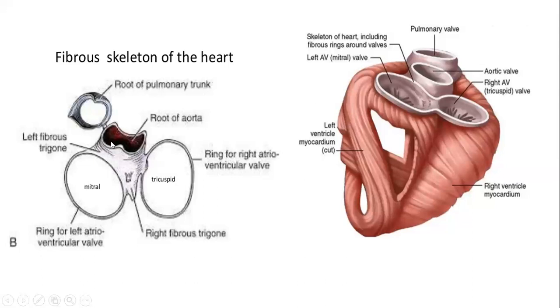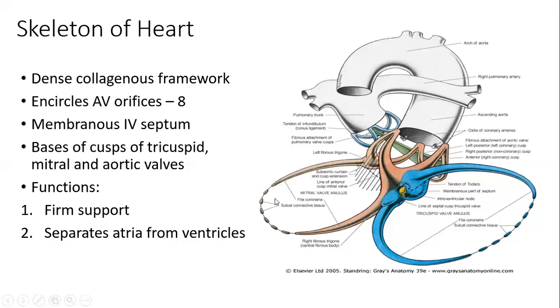Then we have an opening for the aorta, and an orifice for the pulmonary trunk. All these four orifices, their bases, their roots, get attached over the fibrous skeleton in the form of an 8-shaped fibrous ring.